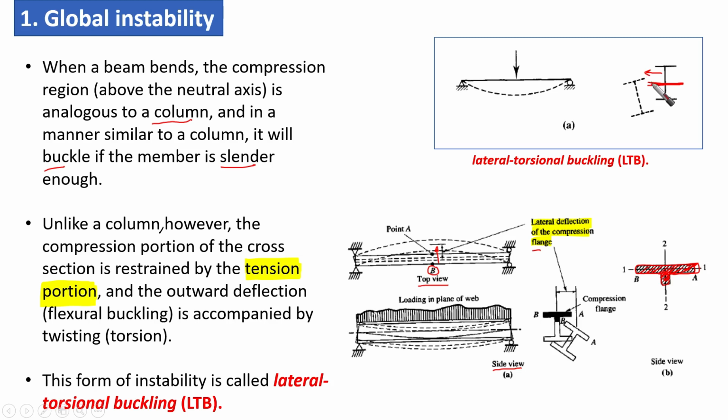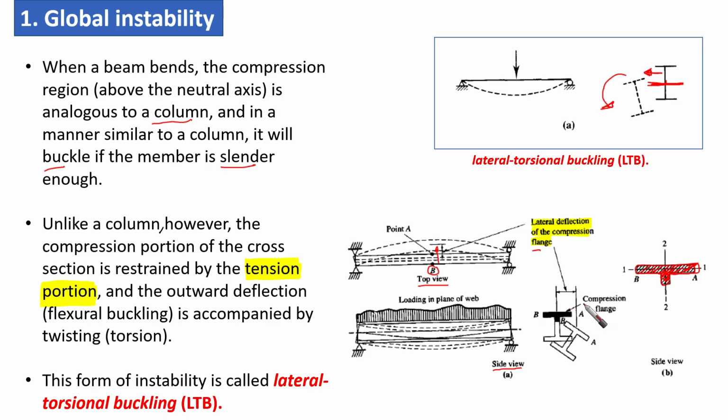It's not going to buckle while maintaining the same position. No, it is going to laterally move, and at the same time it is going to have a torsional or twisting motion, as you can see here.